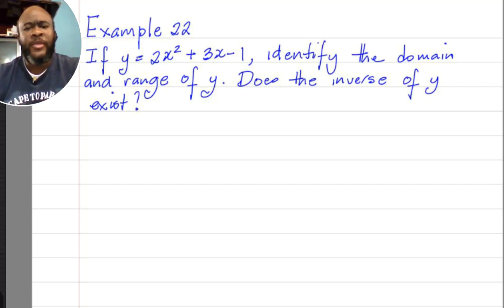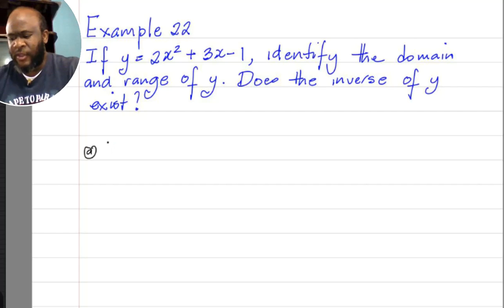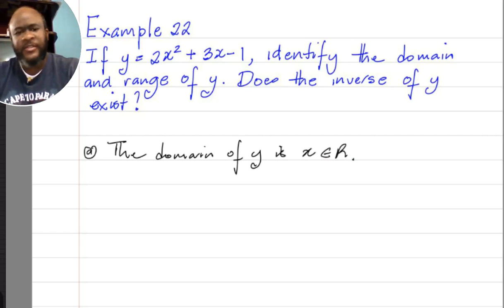Now, for all polynomials, the domain is the set of real numbers. So the first thing, the domain of y is x is an element of the set of real numbers. To determine the range, we would need to determine at least what is the minimum turning point.